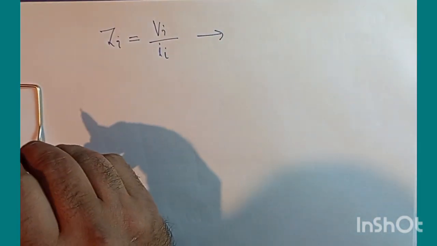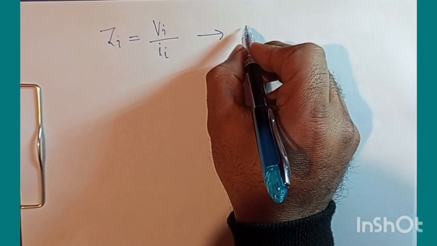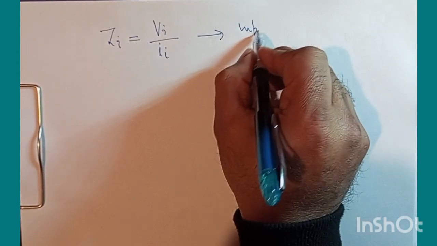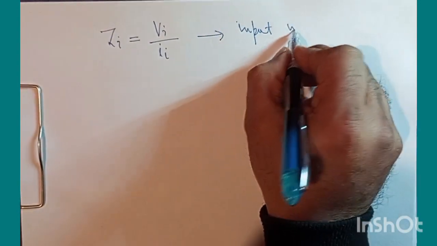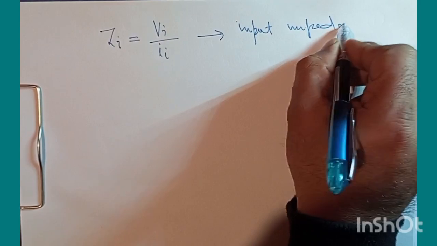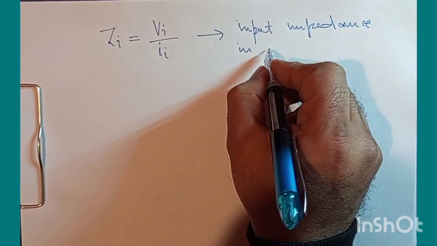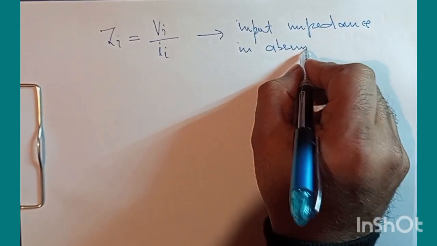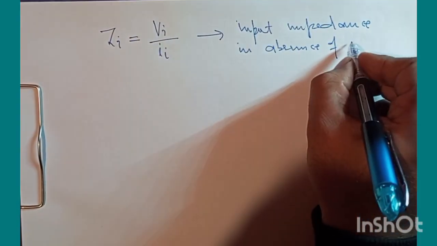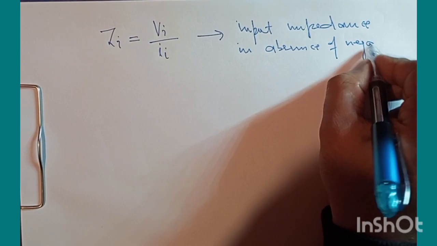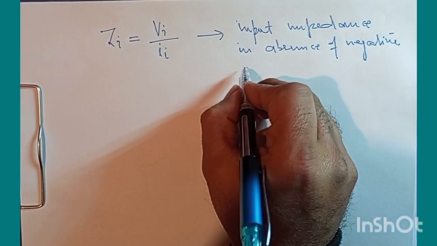So this should be my input impedance in absence of negative feedback.